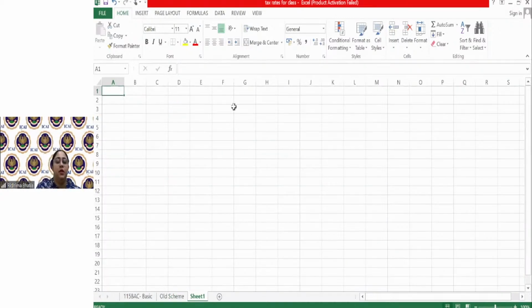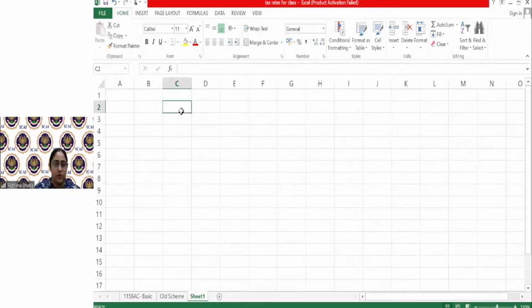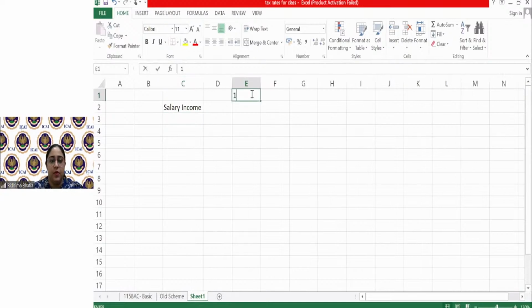So let me give you a case scenario. A person has a salary income of 15 lakhs. Here also 15, and here also 15 lakhs.